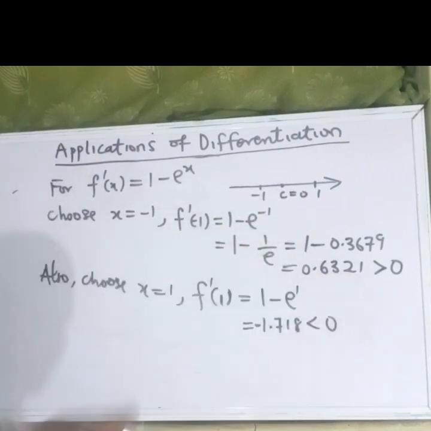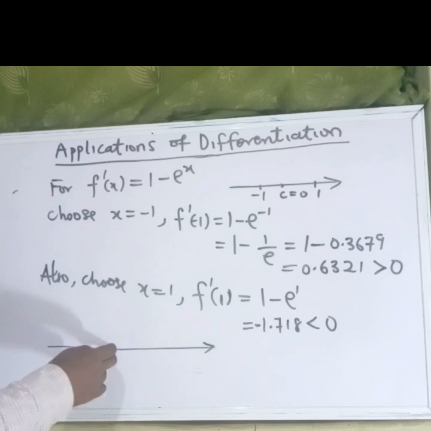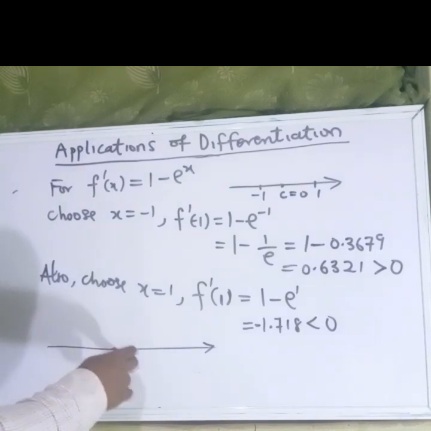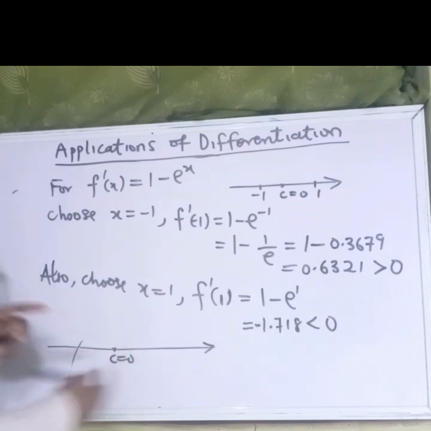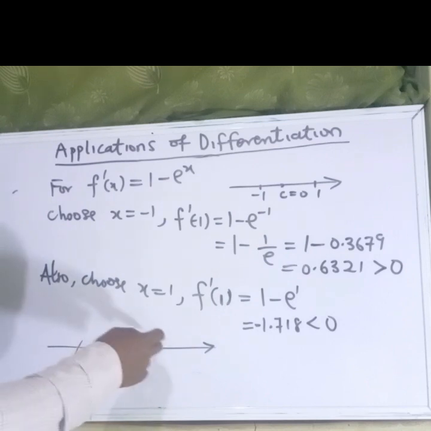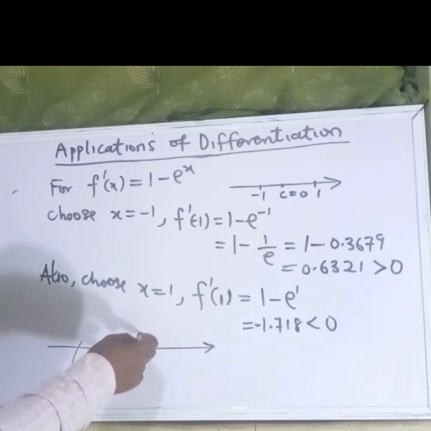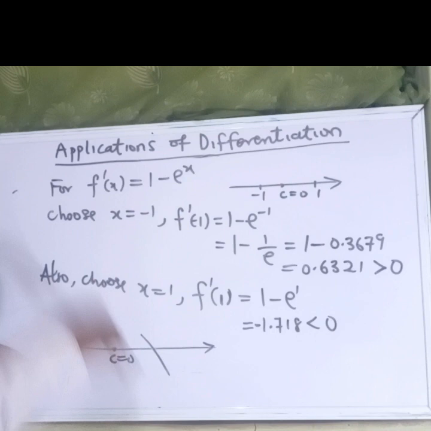So we are able to see that from the left of the critical point, the slope is positive. This is the critical point, which is zero. From here, it means the slope on the left is going up, though we haven't determined the extremum value, and from the right we have seen that it is negative, meaning the slope is coming down.